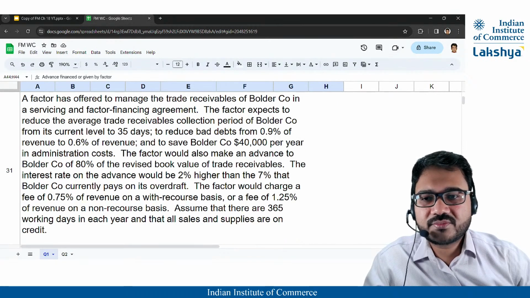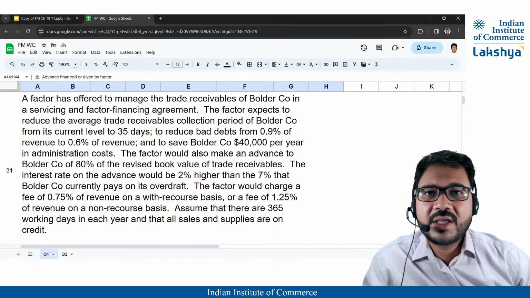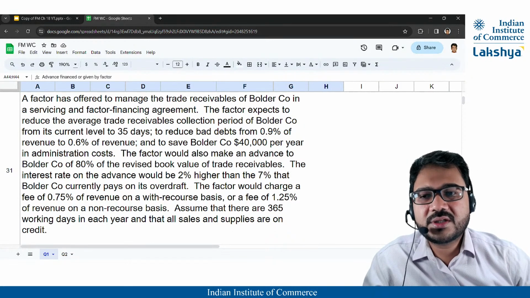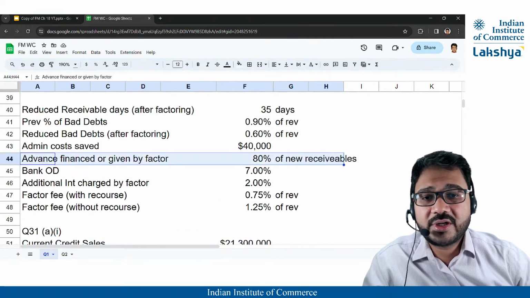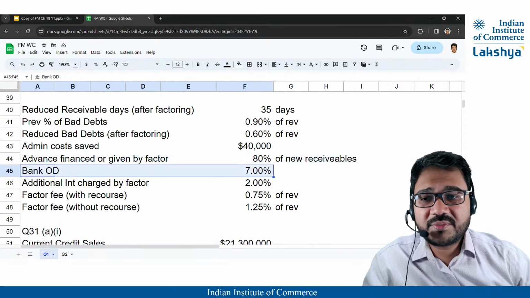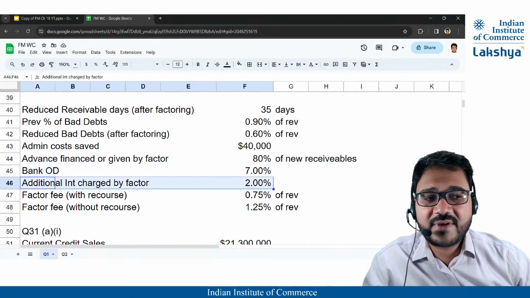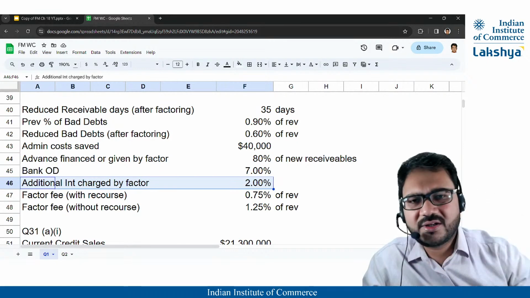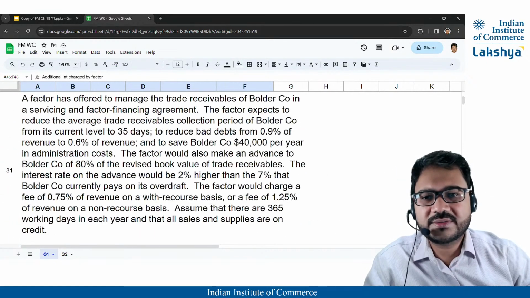Then the interest rate on the advance would be 2% higher than the 7% that Boulder currently pays on overdraft. So we know that the overdraft rate is 7% and the factoring agent is going to take 2% extra. So bank OD is 7%, additional interest charged by factor 2%, so totally the factor is going to charge 9%.